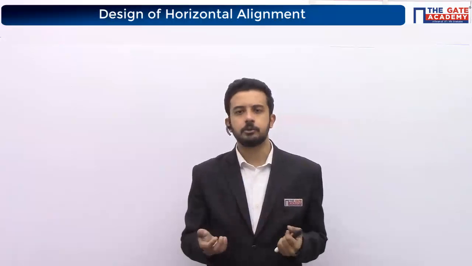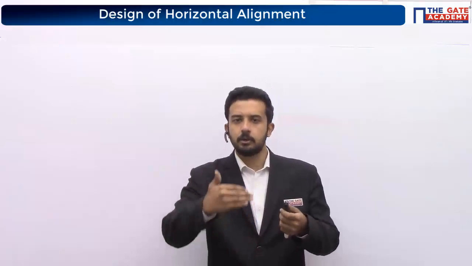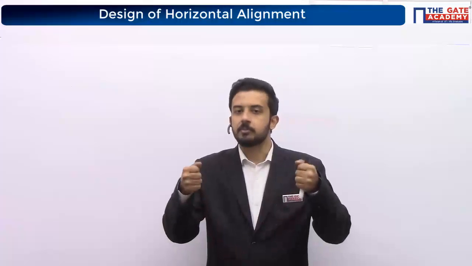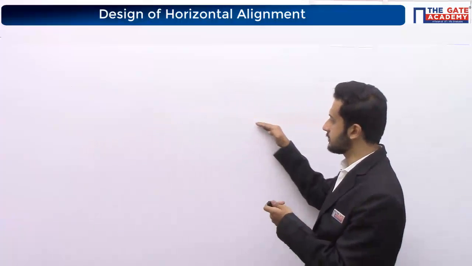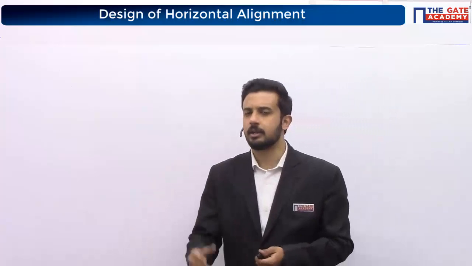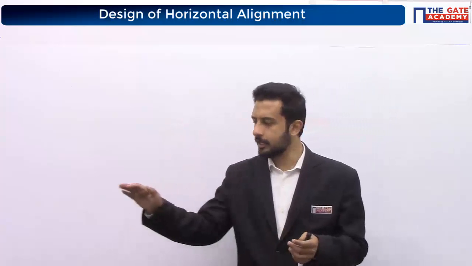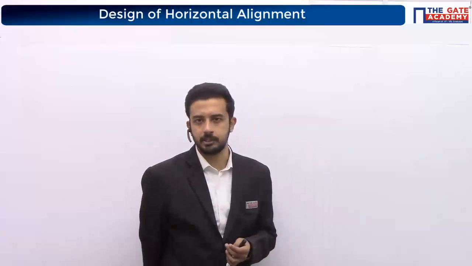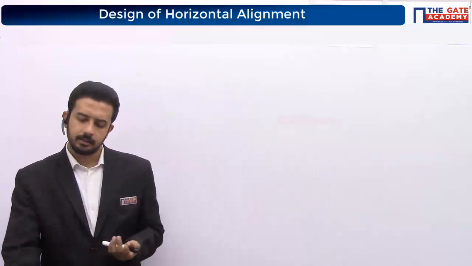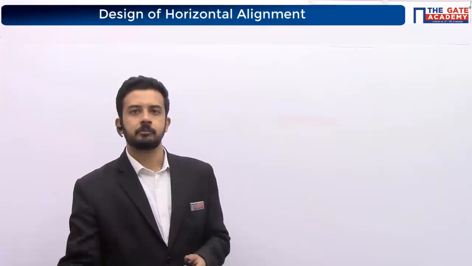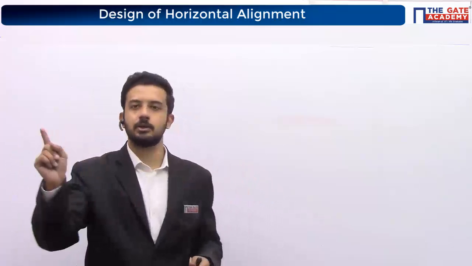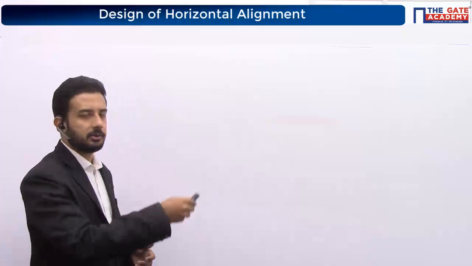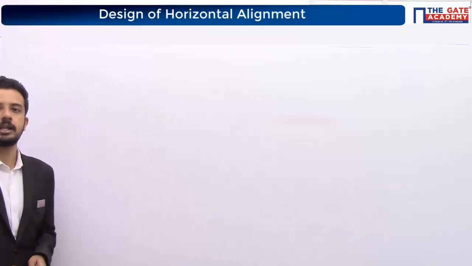Some curves you don't have to turn your steering, but you will be in a curved motion. Simply your steering will be the same, but you may be going something like this. Hilly areas, may not be hilly, a small area, but some slight inclination or gradient may be there. Then we call it a vertical curve. But if you want to turn your steering, which means on the x-axis you are going to move, you are going to turn, we call it a horizontal curve.